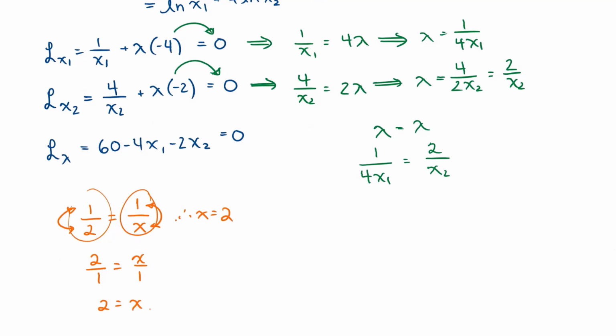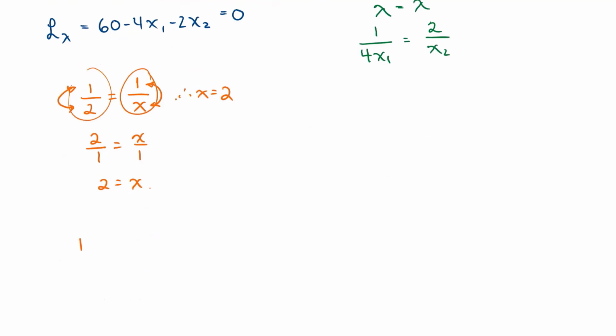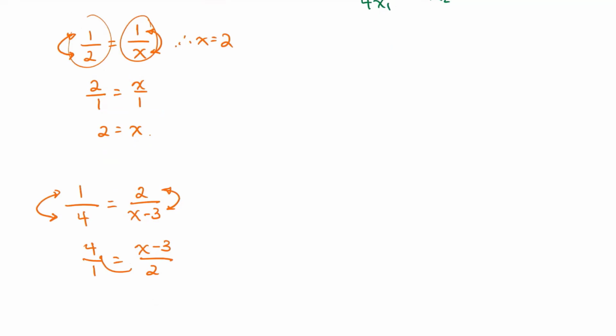And that would also work, say you had another example. 1 over 4 is equal to 2 over x minus 3. Ooh, this one's trickier. Let's do reciprocals. So 4 over 1 would be equal to x minus 3 over 2. 4 times 2 would be 8, would be equal to x minus 3.